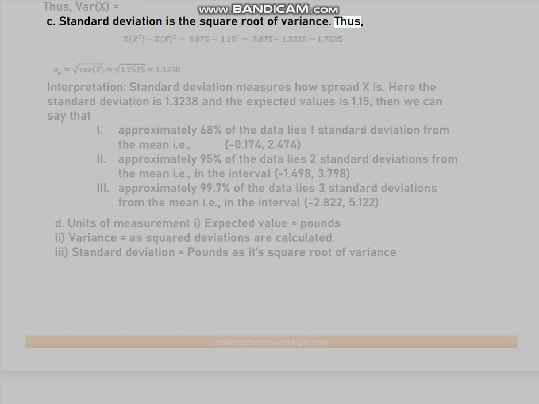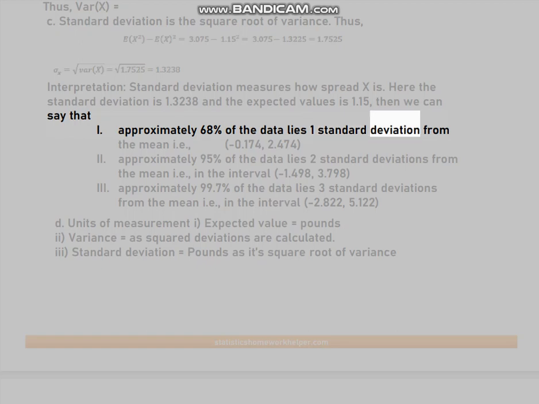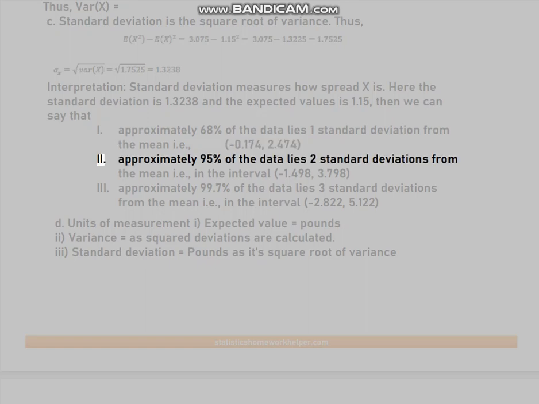C. Standard deviation is the square root of variance. Thus, interpretation: standard deviation measures how spread out X is. Here the standard deviation is 1.3238 and the expected value is 1.15. Then we can say that 1. approximately 68% of the data lies within one standard deviation of the mean, i.e. in the interval minus 0.174 to 2.474. 2.